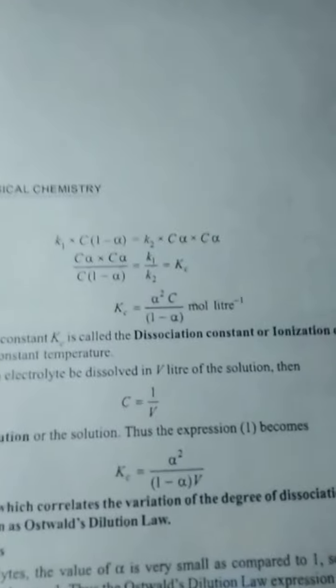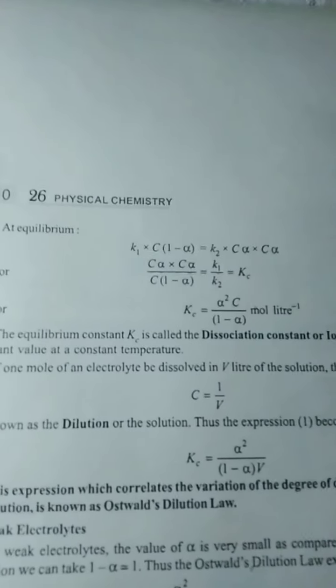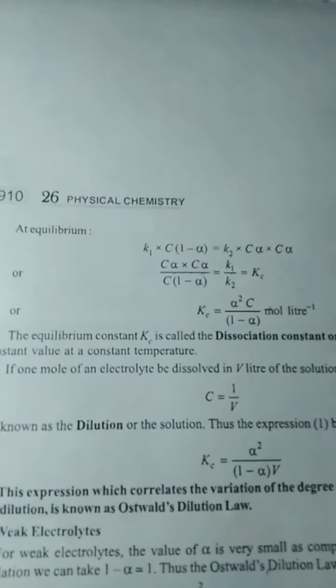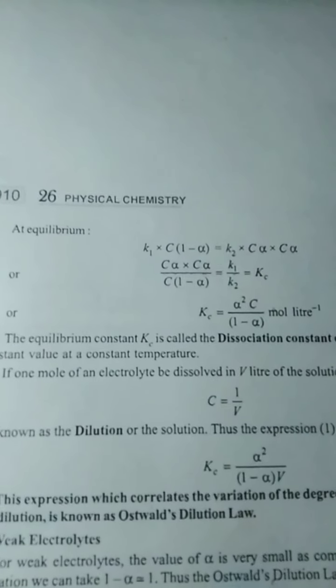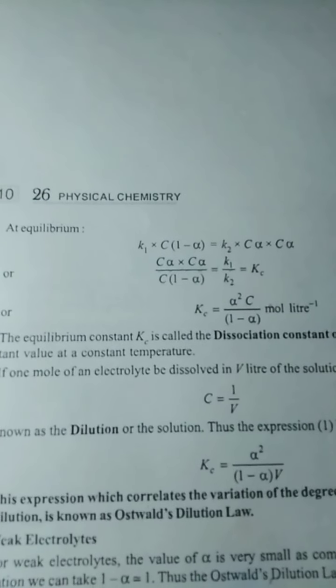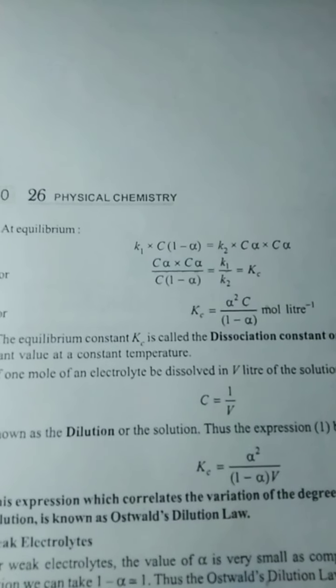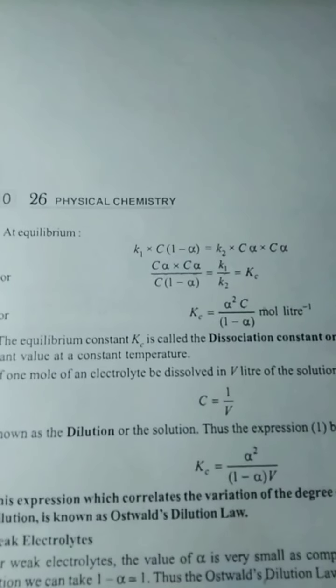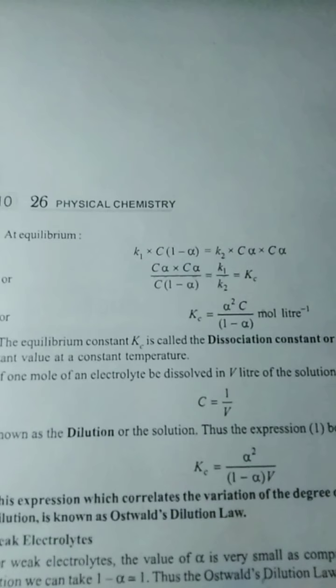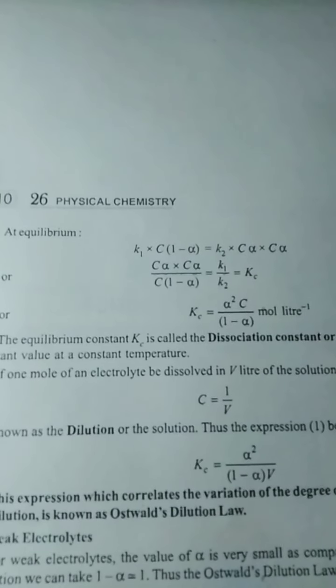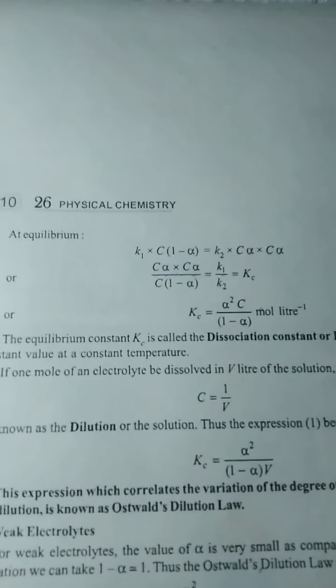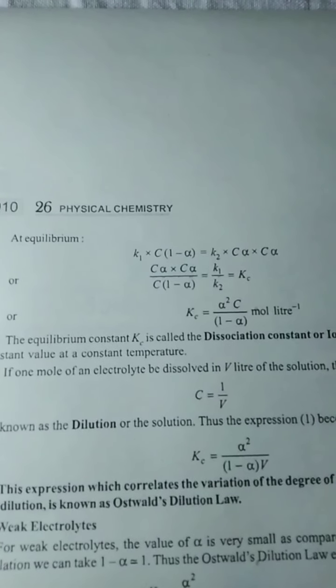Dear students, at equilibrium, the rate constant K1 into C multiplied by (1 minus alpha) is equal to K2 multiplied by C alpha and again multiplied by C alpha. These are equated.